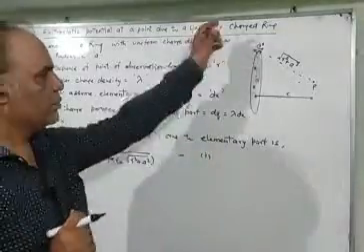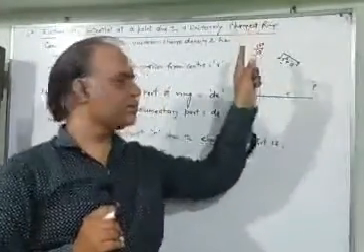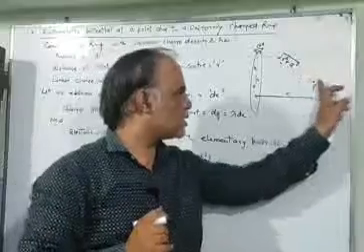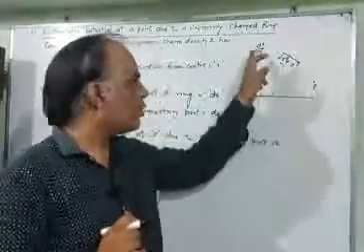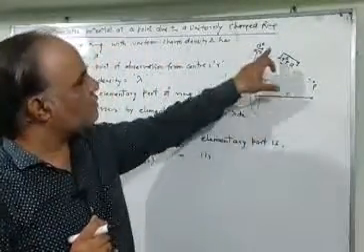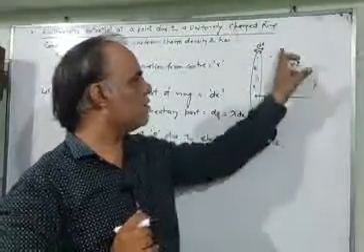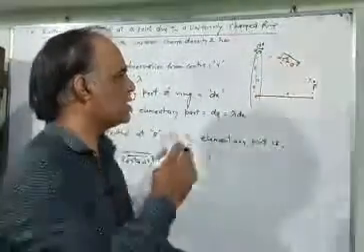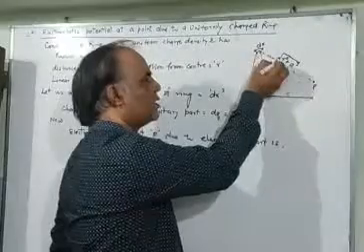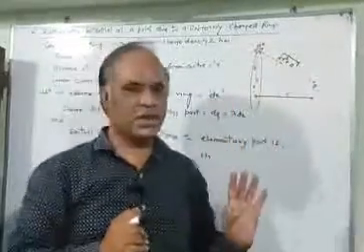Since the ring is symmetric, the distance of point of observation from every elementary part of the ring will remain same, equal to square root of r square plus a square, since this distance is constant.